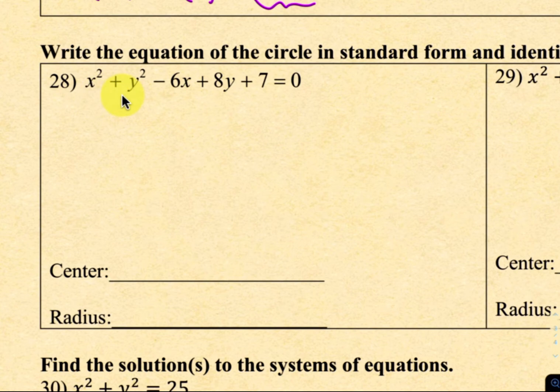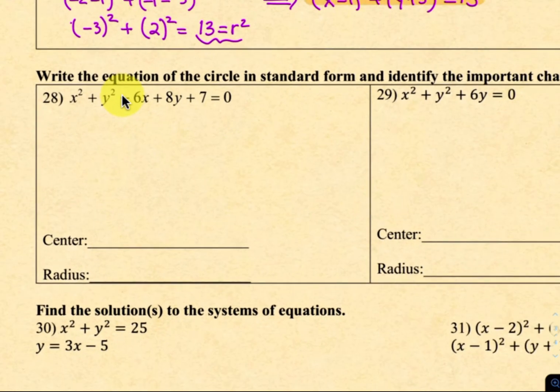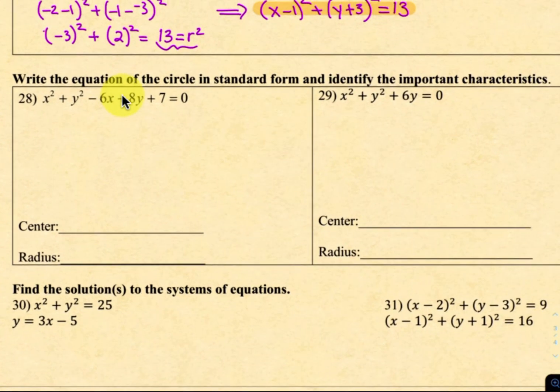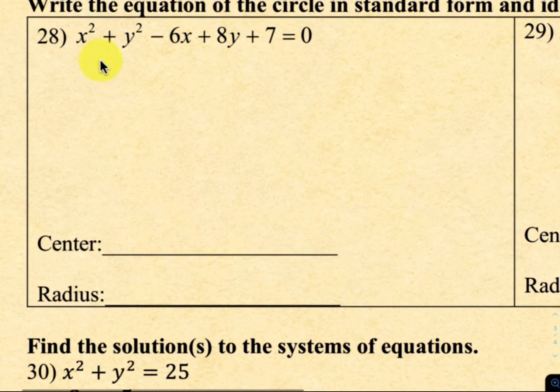All right, for number 28, we want to write the equation of the circle in standard form and then identify the important characteristics. So in order to write number 28 in standard form, we have to collect a group of x terms together and a group of y terms together. And we also need to move this constant, 7.